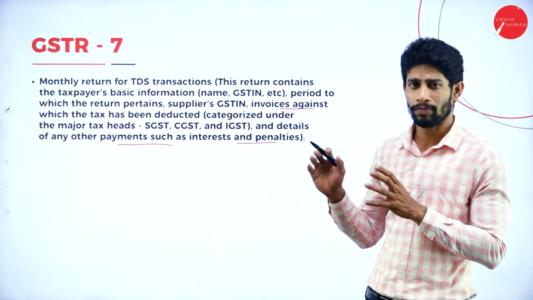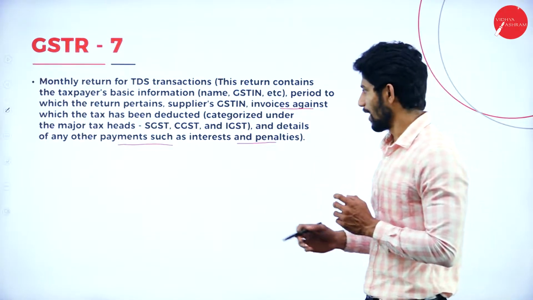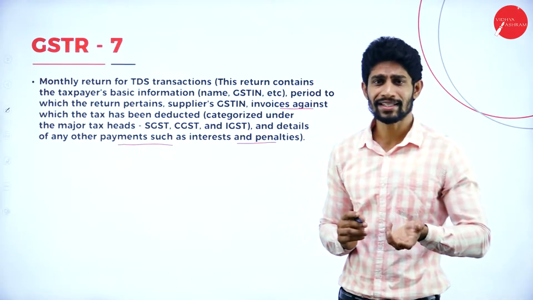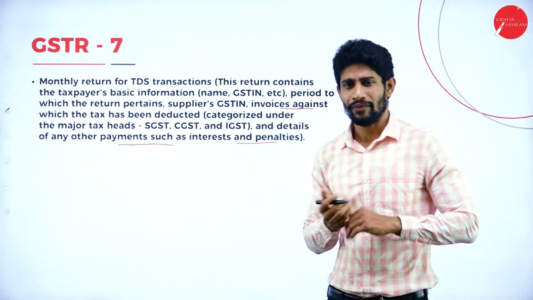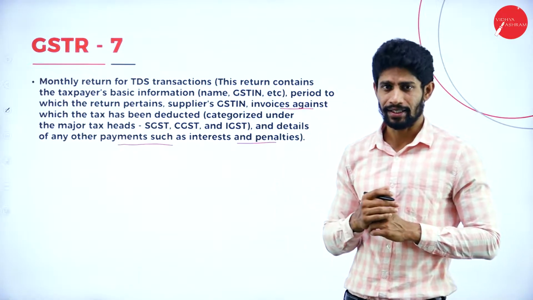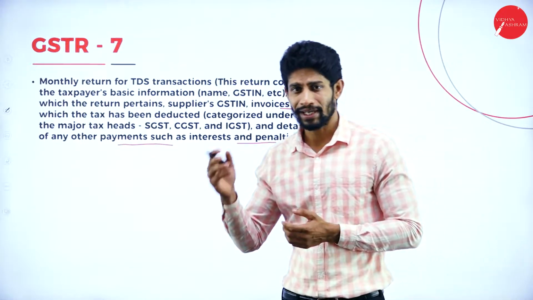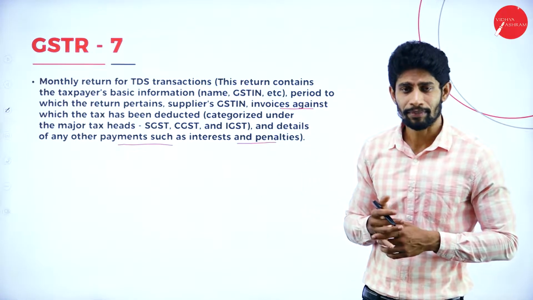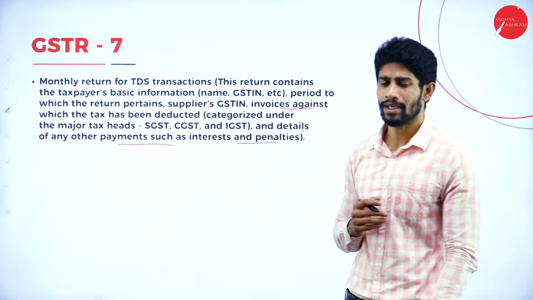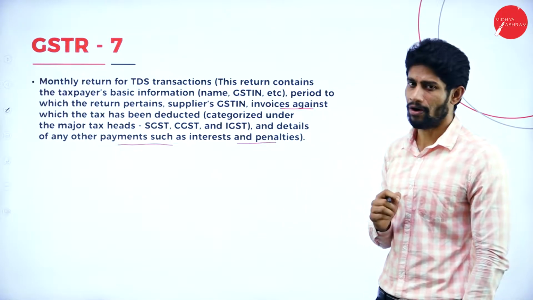For what purpose they deducted the TDS, that invoice will be mentioned, and the type of tax imposed, whether they imposed CGST, SGST or IGST. What kind of tax they collected from the buyer, that information will also be mentioned under the GSTR-7 form.